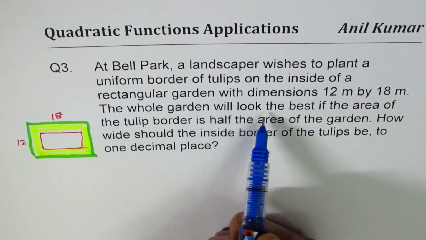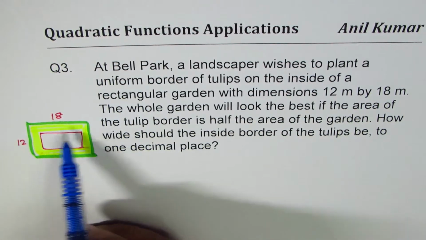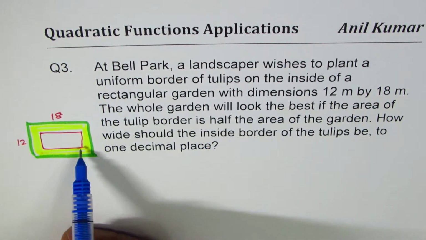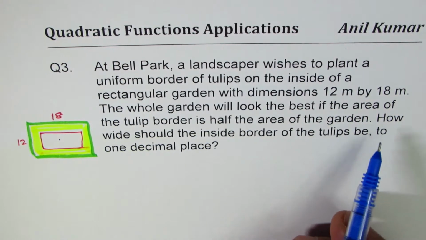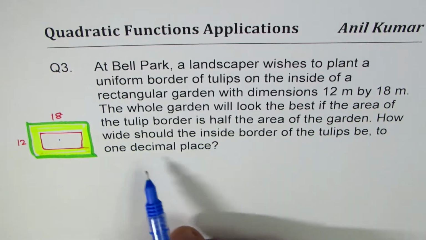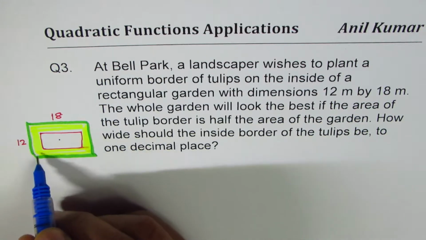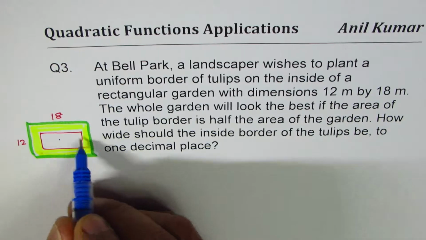The whole garden will look the best if the area of the tulip border, that means this border, is half the area of the garden, which is the inside garden. Do you see that? That's the question. How wide should the inside border of the tulip be to 1 decimal place? So this area, which is the tulip area, should be half the area of the inside portion.